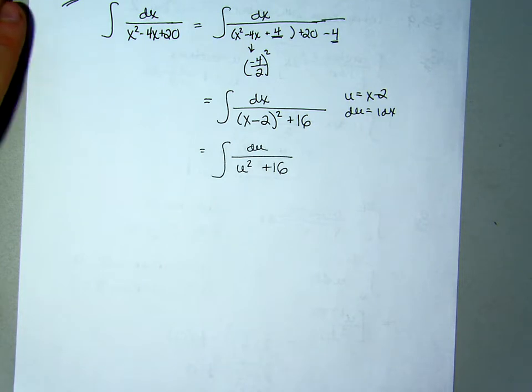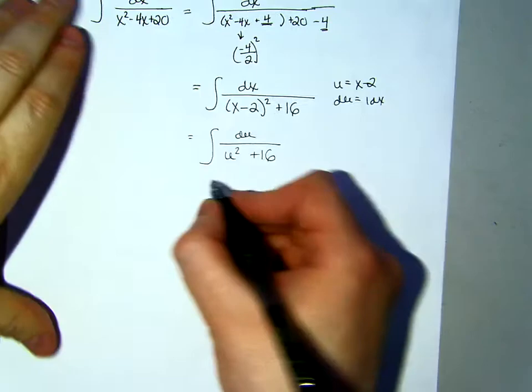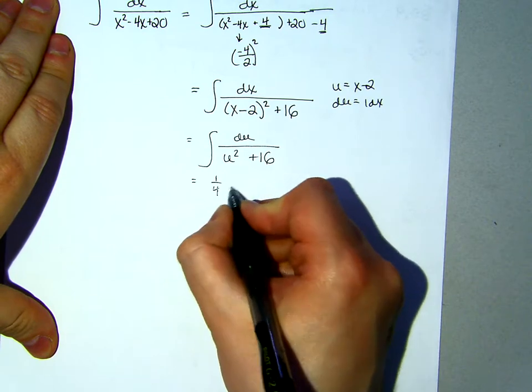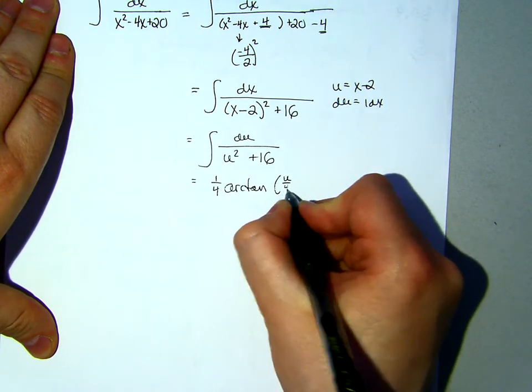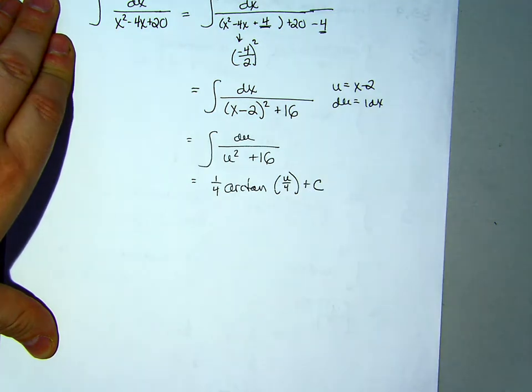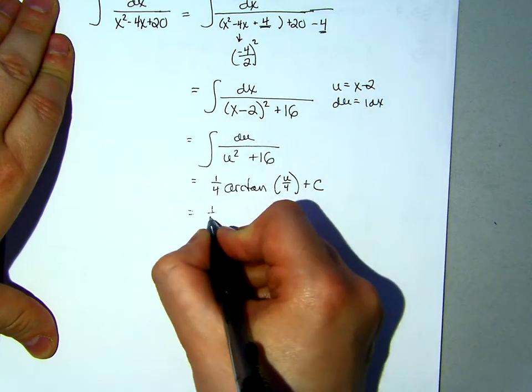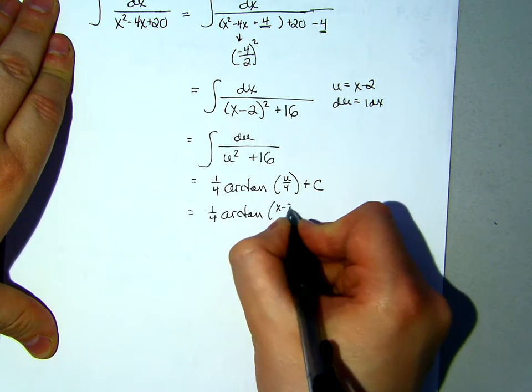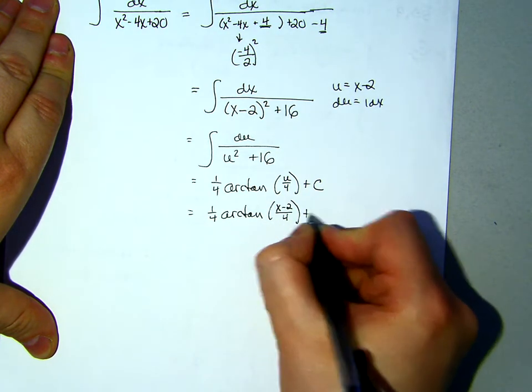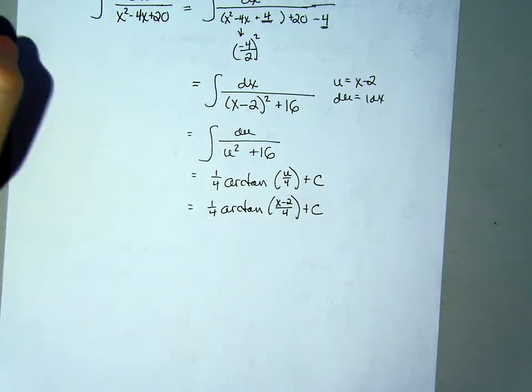Do I have a 1 over a out front before my arctan form? Okay, so I should have a 1/4. Then an arctan of u over 4 plus a constant. And we'll just finish by saying 1/4 times the arctangent of x minus 2 over 4 plus a constant at the end.